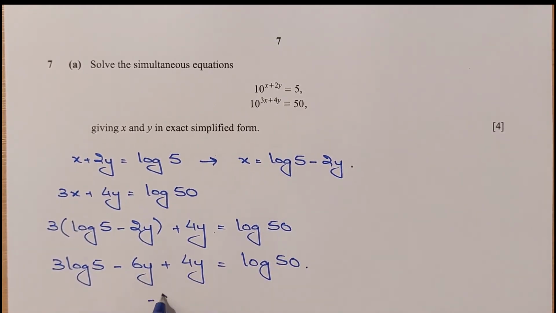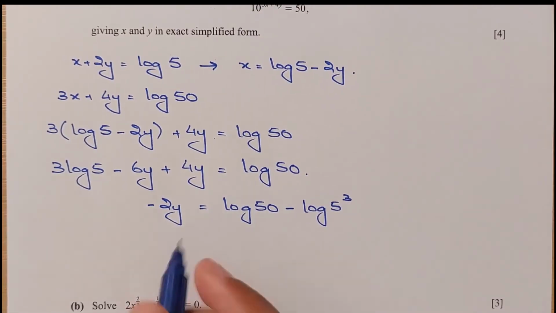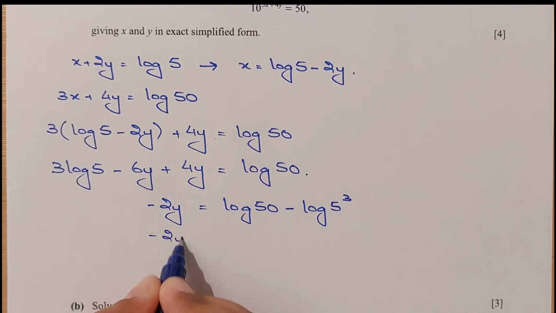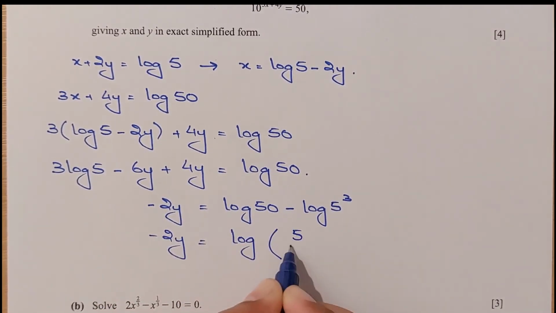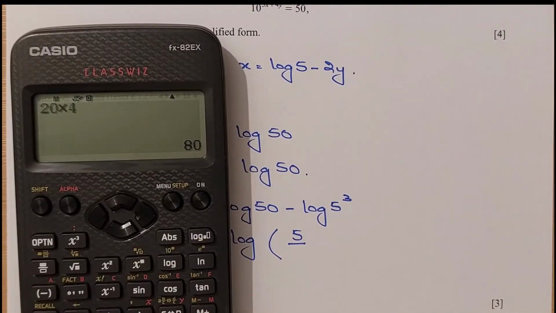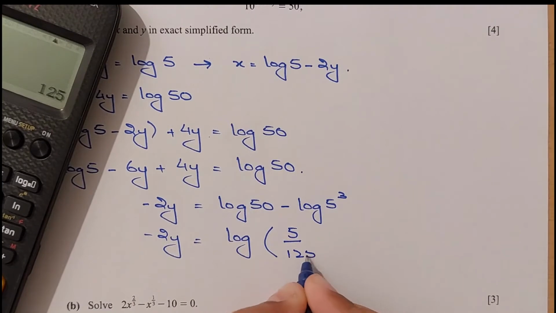So we have minus 2y over here, and we have log 50 minus log 5 cube, right? Now to solve for y, we have minus 2y equals log of 50 divided by, what is 5 cube? 125, right?